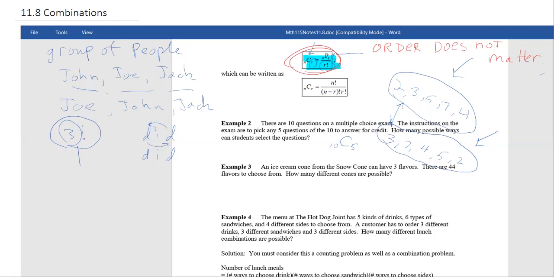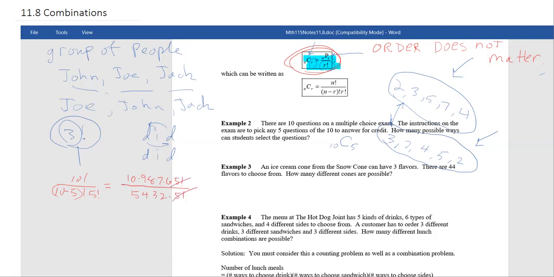So that's what we have here. Here's our number, and we can calculate that. We'd have 10 factorial over 10 minus 5 factorial and 5 factorial, which is 10, 9, 8, 7, 6, 5 factorial over 5, 4, 3, 2, 5 factorial.